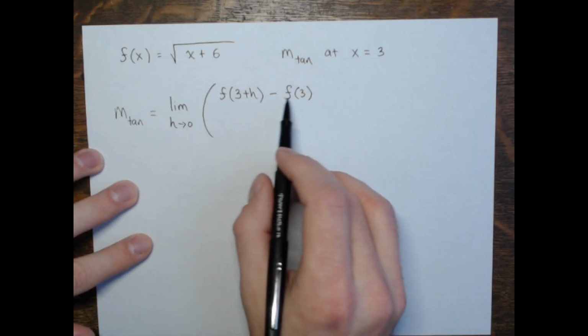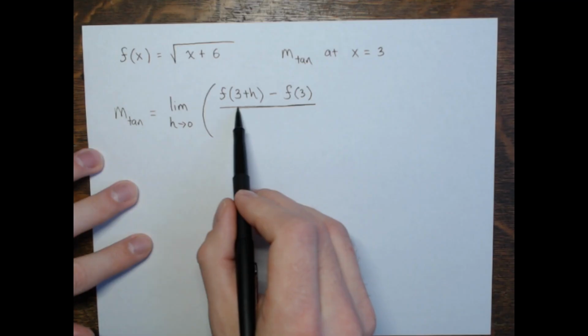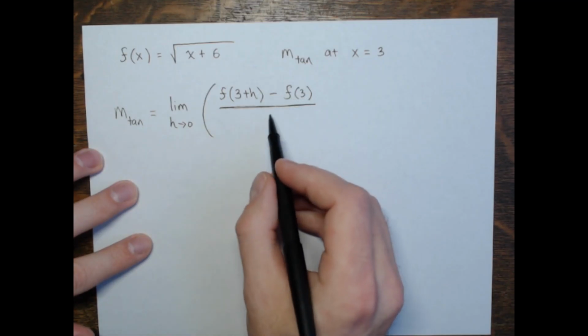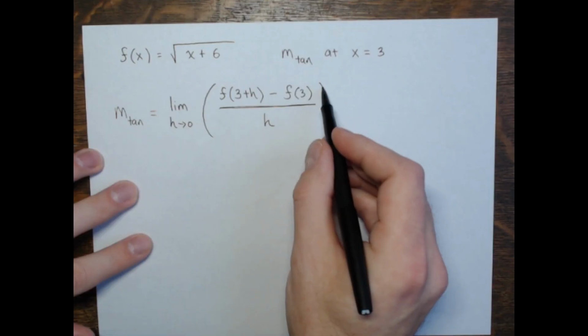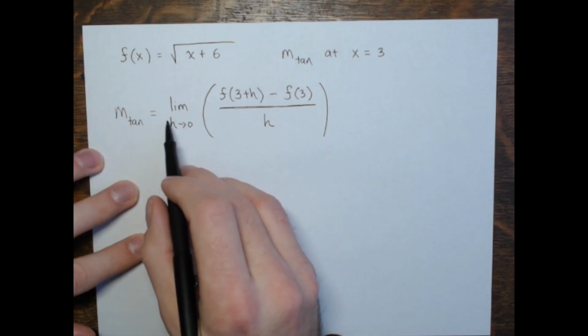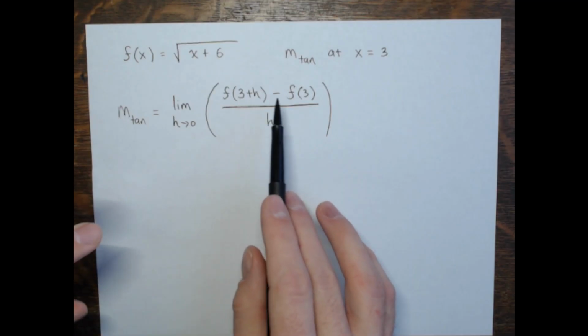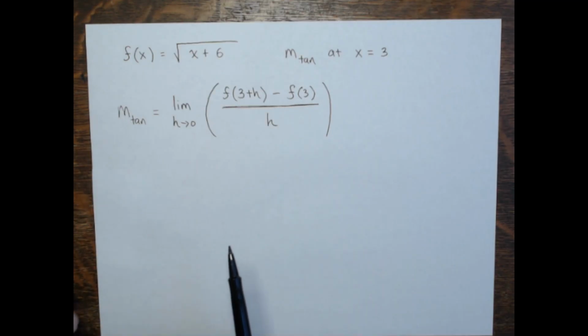That'll be the rise for the slope of a secant line, divided by h, which represents the run. 3 plus h minus 3 would just be h. So those are the slopes of the secant lines, and we're going to get the slope of the tangent line by having h go to 0, that way 3 plus h will get closer to 3.